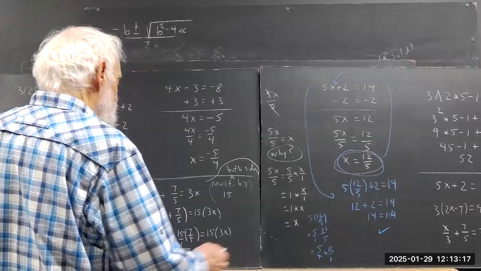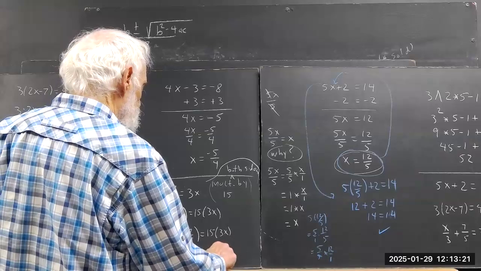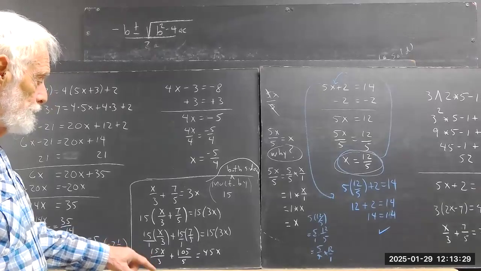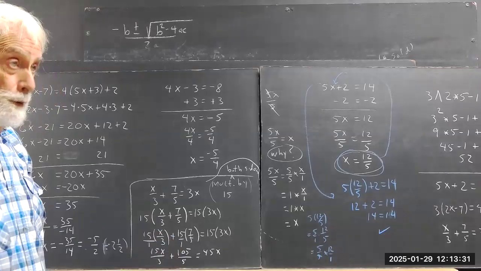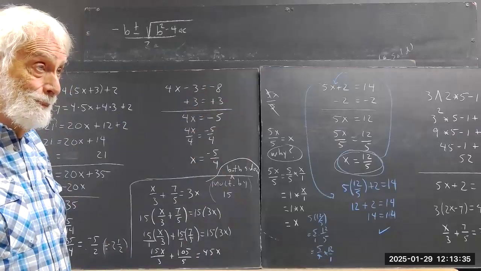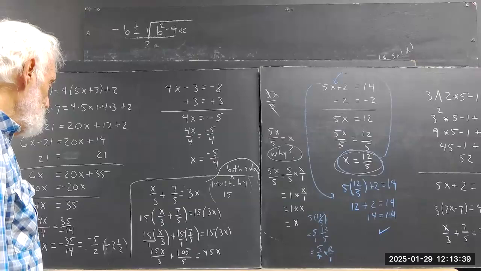And then 15 times 3x is 45x, because 15 times 3 is 45. Make sense? Now, all you have to do is divide 3 into 15, and then divide 5 into 105. And you've got an equation that looks a lot like this, except you've got x's on both sides.